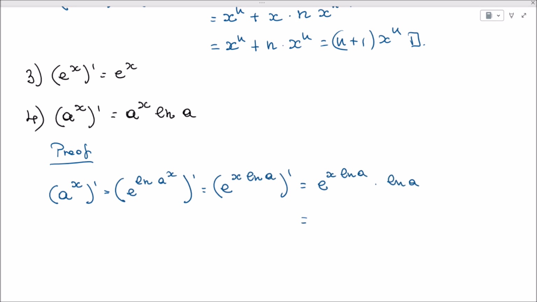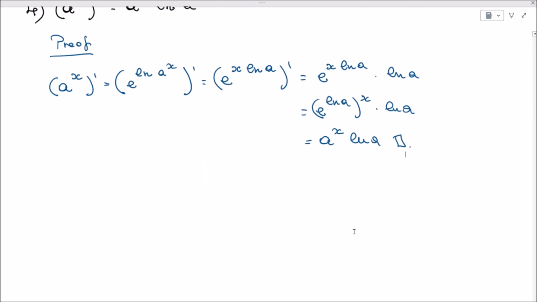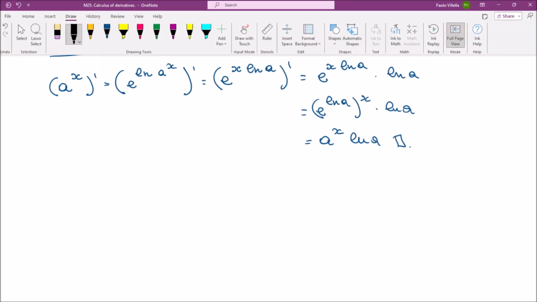So we can rewrite the first by considering that this is simply e to the logarithm of a, all raised to the x, times logarithm of a. This is a to the x times logarithm of a, which concludes the proof. Okay. Another interesting result is the following.